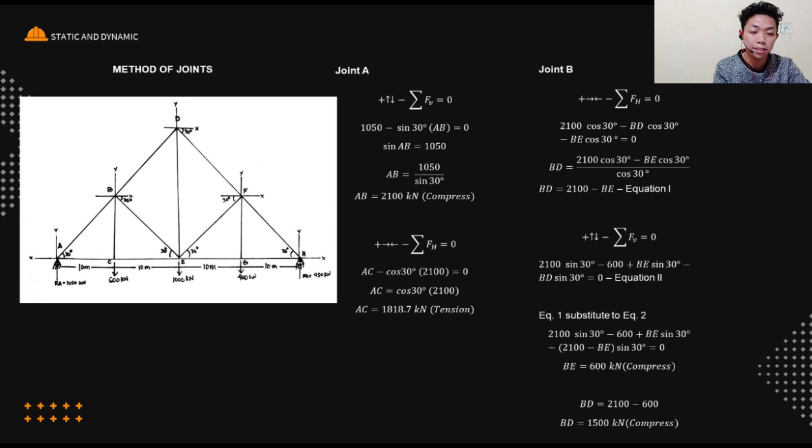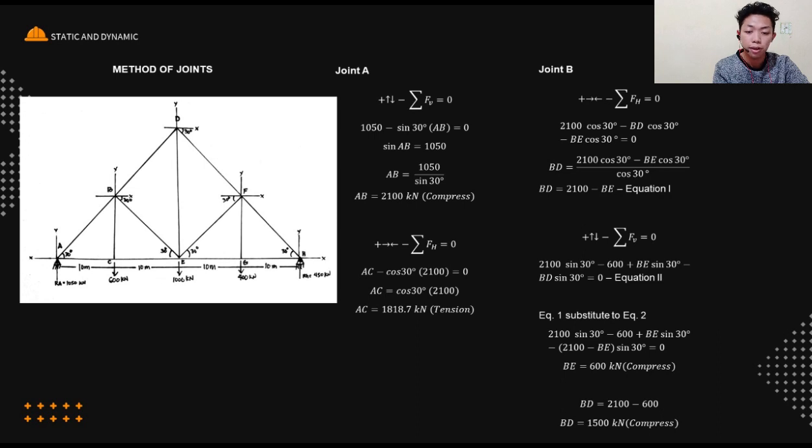Then, yung next naman is forces horizontal. So, summation of forces horizontal, pagpa kanan is positive, then pagpa kaliwa is negative. So, yung AC na inassume natin na tension, so, pa kanan siya, so positive. Tapos, yung cos 30 degrees is magiging negative siya.